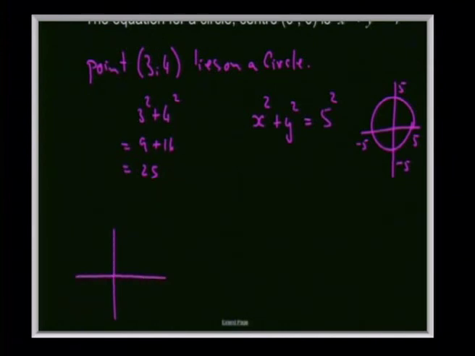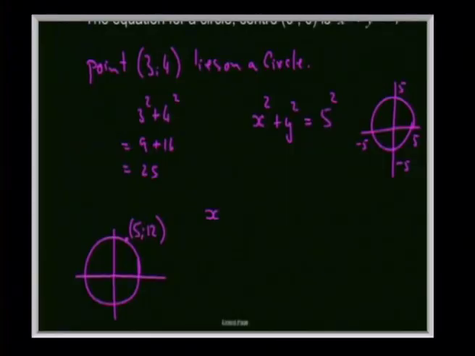If I was given a diagram, and for example, I was given the point 5, 12, and asked, what is the equation of the circle? I would use x squared plus y squared is r squared.